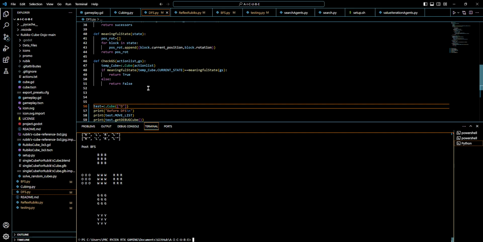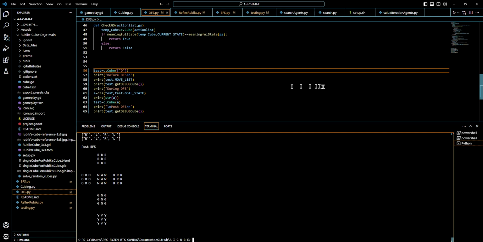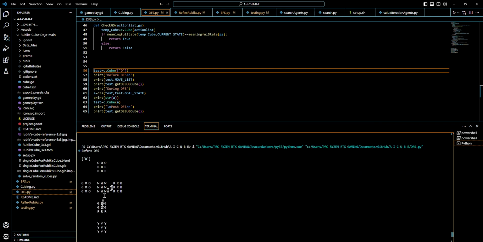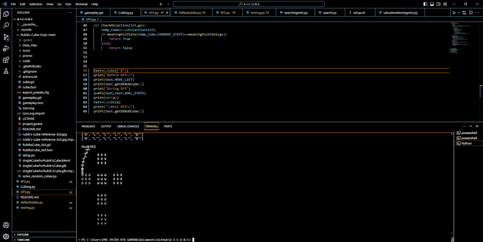So for brevity, I'm not going to go through that, and I will point again to these two classes, which are the same as before. So we're going to run DFS now with just a clockwise down rotation. Alright, now that one was marginally quicker, and you can see just one down rotation. So this is the scrambled cube, this is during DFS actions taken, and this is post DFS.